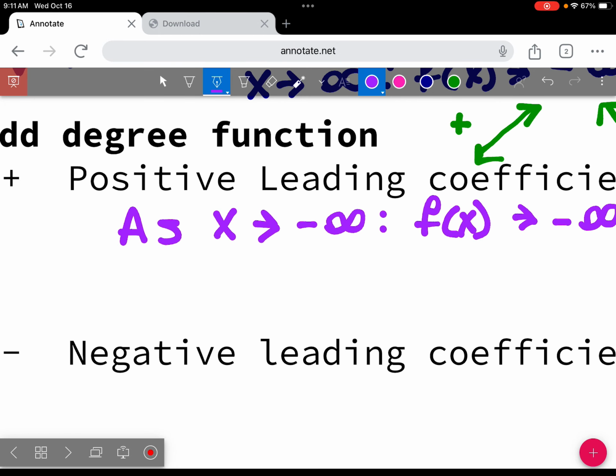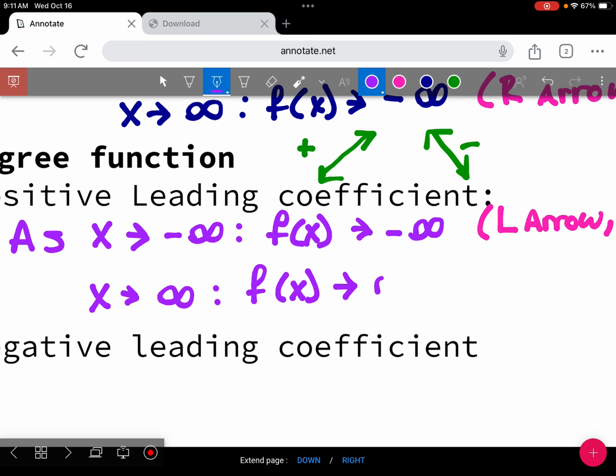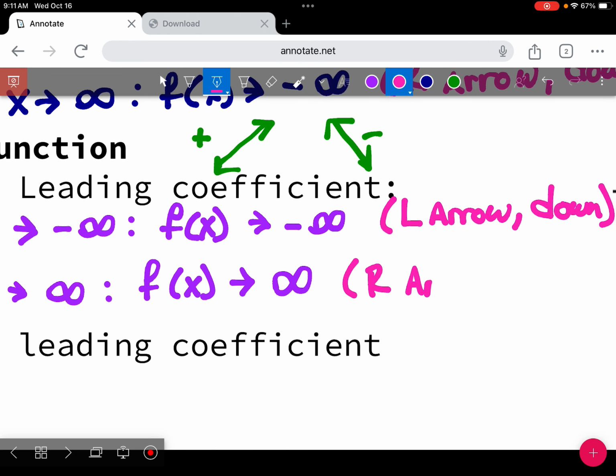And what's different with our odd degrees and our even degrees is the odds are going to point in opposite directions. So as x approaches positive infinity, my f of x is going to approach positive infinity. It's my right arrow up.